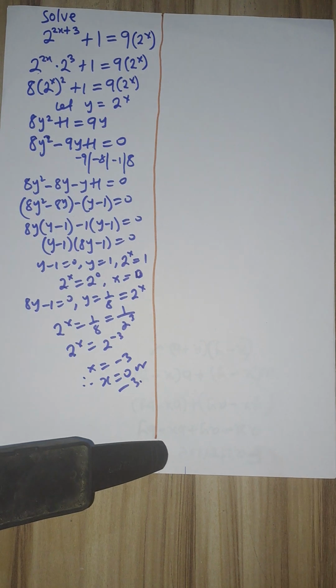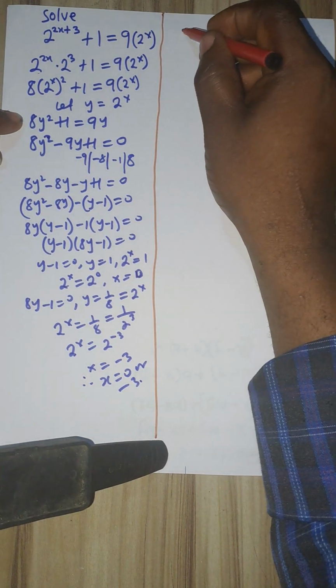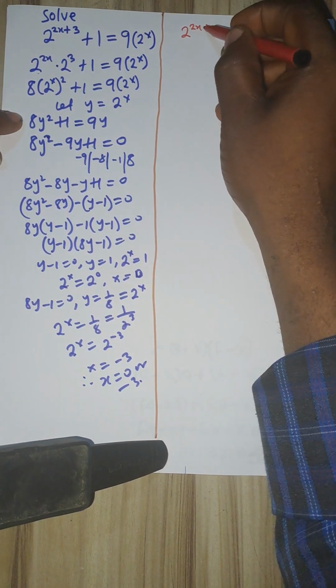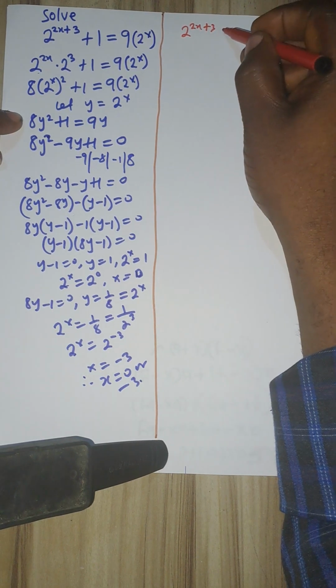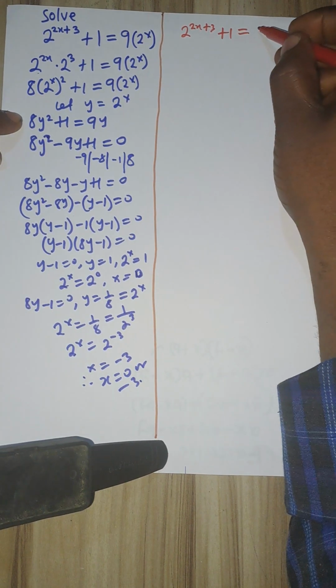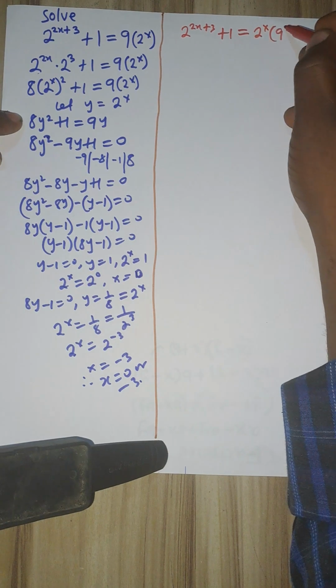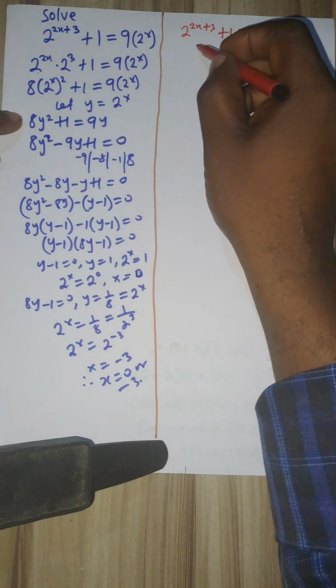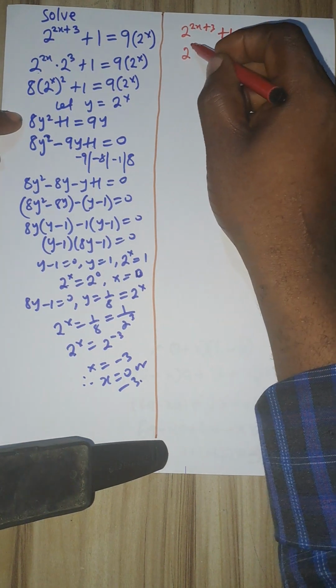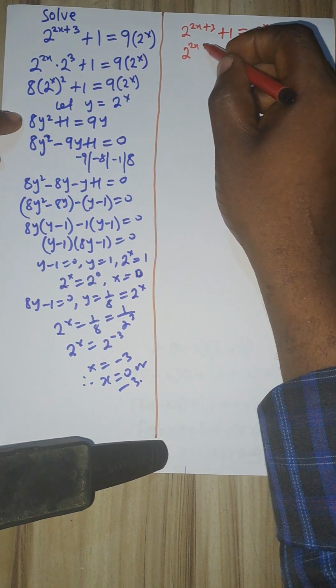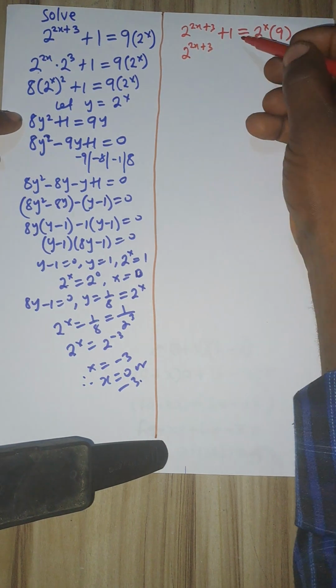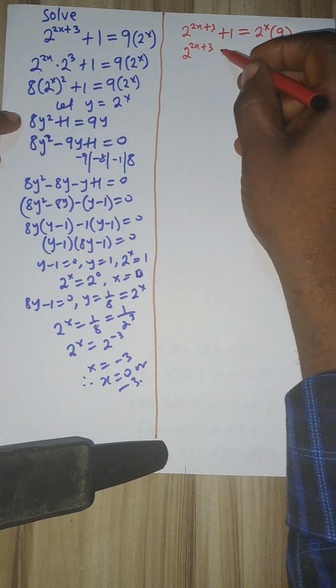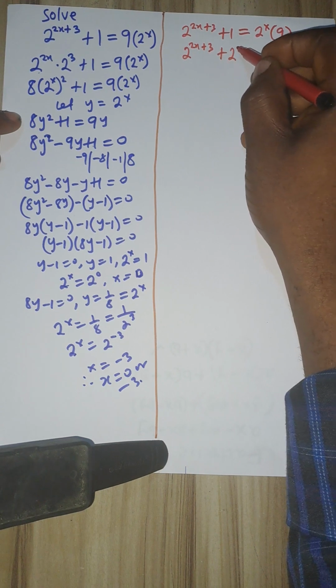Okay, we try Ifeanyi's method. Now, Ifeanyi's method, the way it goes is you have 2 to the power of 2x plus 3, plus 1 equals 2^x times 9. Okay. Now you have 2 to the power of 2x plus 3. 1 is something as 2 to the power of 0.